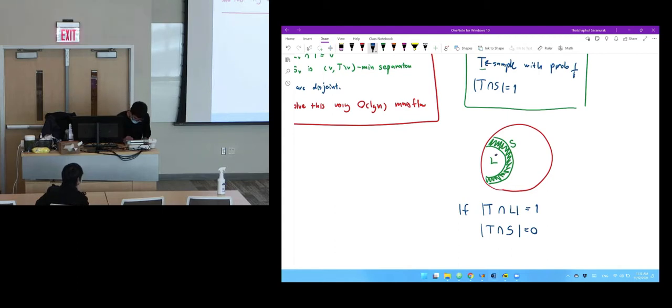If I sample a terminal here inside L, but the other terminal is outside, and nothing is in S, then it's going to be good, right?